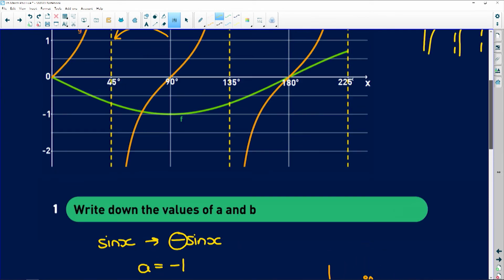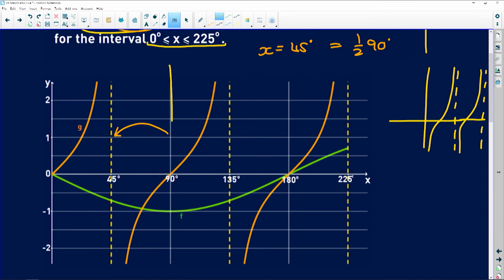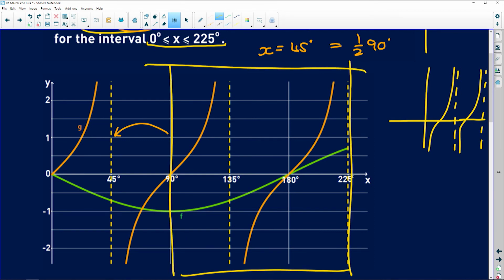In the interval 90 degrees to 225, that is the interval that we are dealing with. Okay, so over here, from 90 degrees to 135 degrees, g, which is our orange graph, is positive, and f is negative, which means that their product is negative, which is exactly what we're looking for.